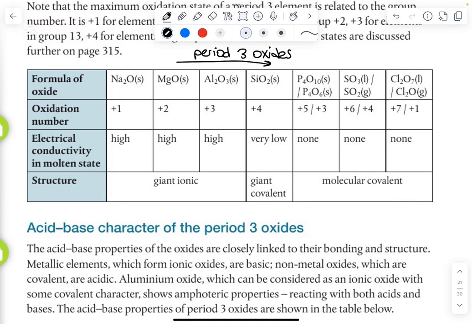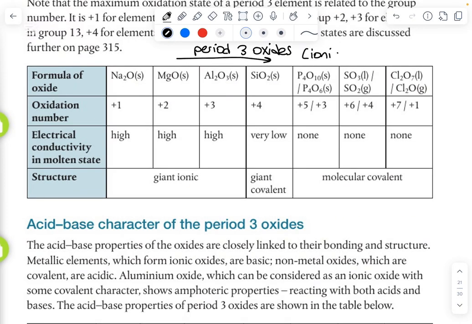Let's take a look at the ionic character. We have electrical conductivity in the molten state. This being high is a telltale sign of ionic character. Its structure is going to be giant ionic, which is another sign of ionic character, and its oxidation numbers are pretty low.